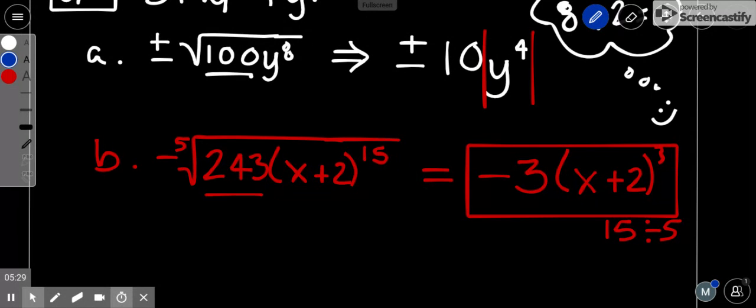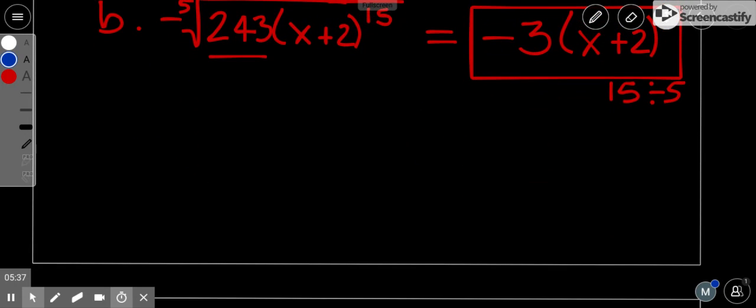Let's go ahead and we'll change over to blue and see if I can't find another problem for you before I sign off for the day. So if I have the cubed root of 8, a to the 6th, b to the 12th.